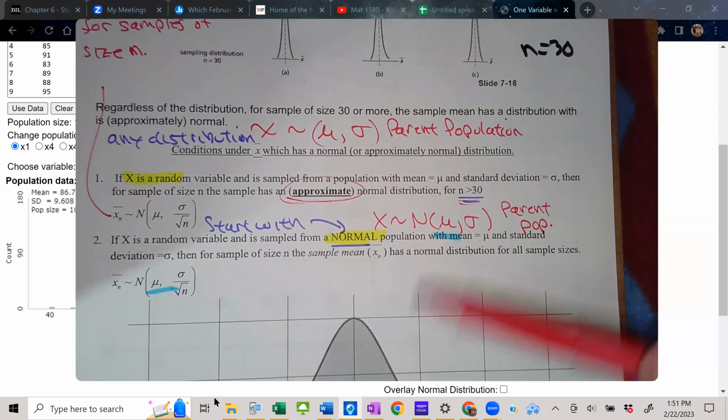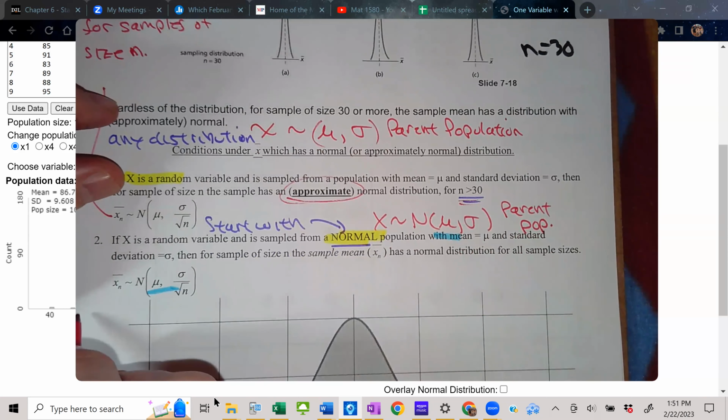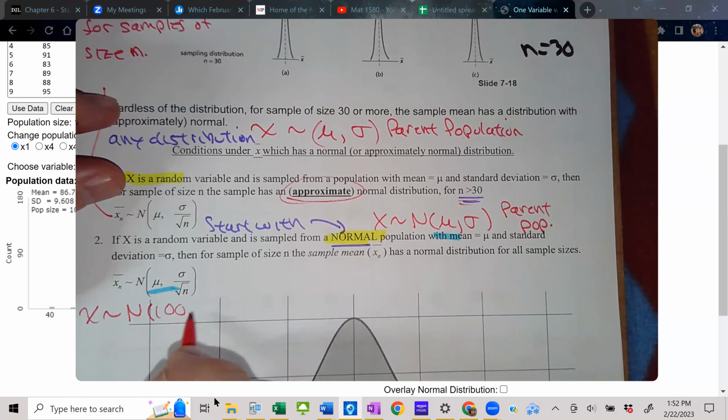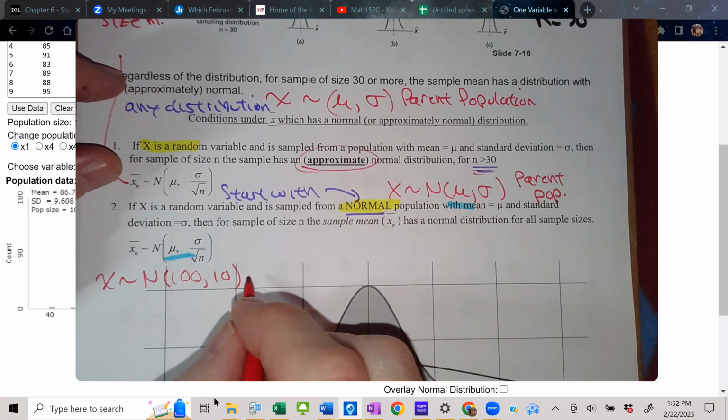So let me share with you this example down here. I'm going to start with a normal distribution with a mean of 100 and a standard deviation of 10. So this is my parent population.